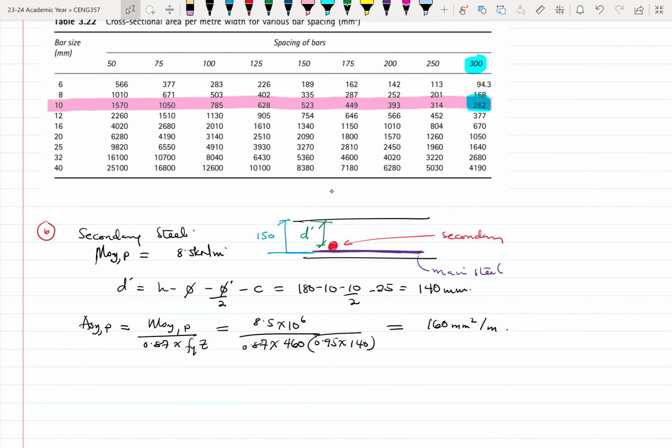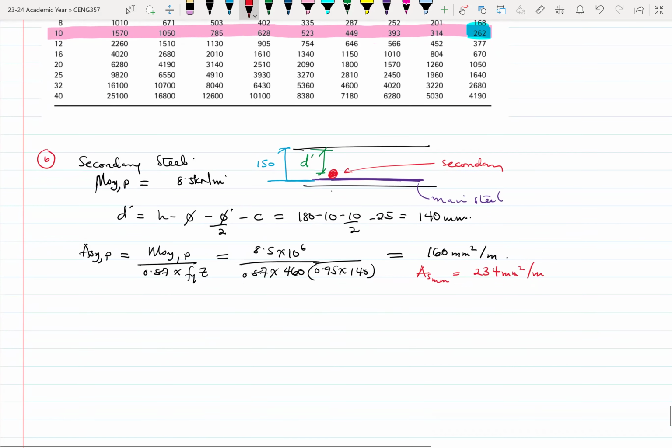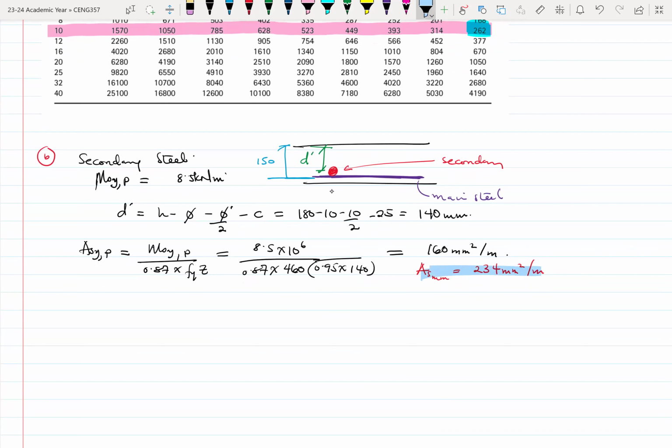All right. And again here, our AS minimum, which is 234 millimeter squared per meter, is more than what we had. So we go with the AS minimum, which means that we'll end up with the same calculations as we had previously.